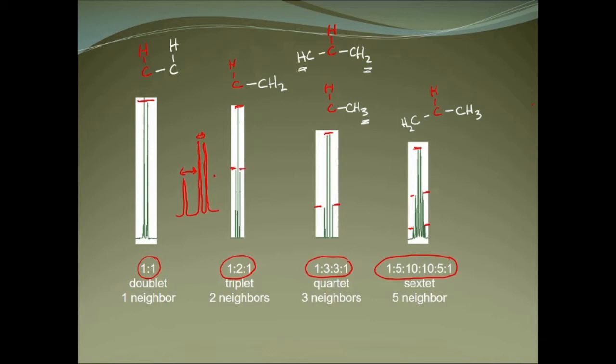But again, even something like a quartet where you could have all 3 neighbors on one carbon, they could be spread out between 2 or even 3. You could have a CH giving rise to the peak, and it is bonded to 3 CH1s, or 3 methine groups. So keep that in mind as we start looking at some examples.